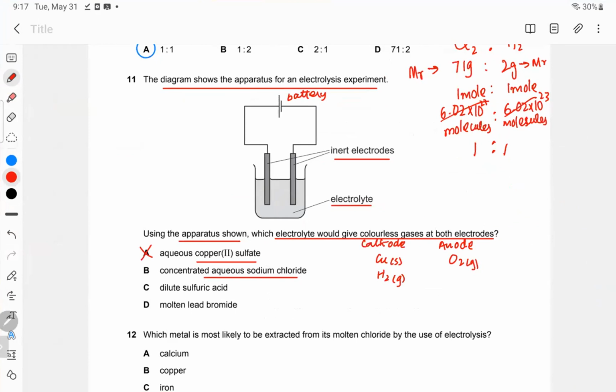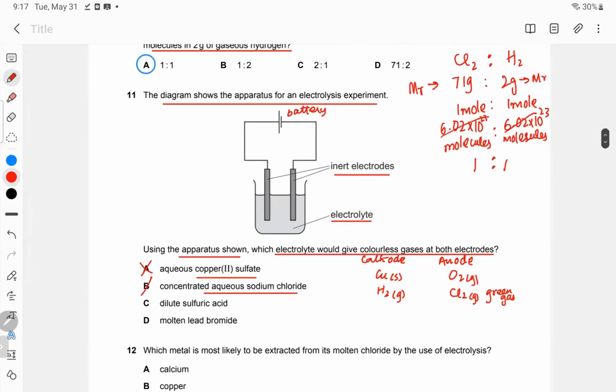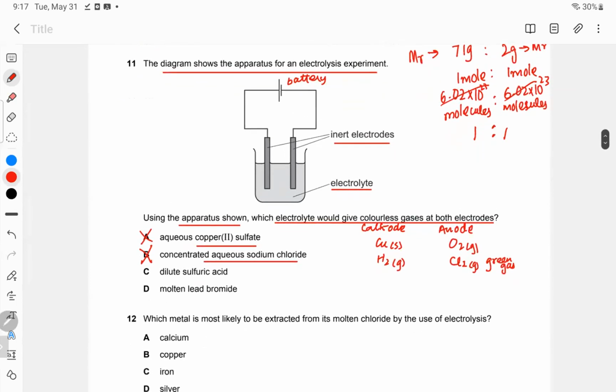And at the anode there is chloride, so I'm going to get chlorine, which is a green gas, and they are asking about colorless gas. So I will mark B as wrong as well, because we are getting a green colored gas, not a colorless gas. Is this understandable to everyone? Yes, sir.